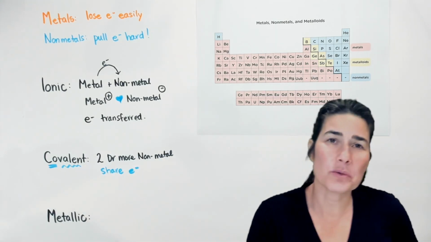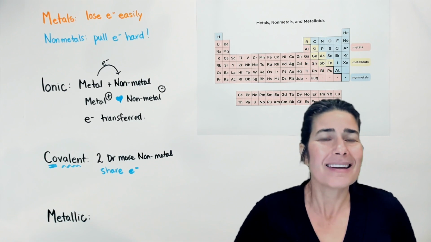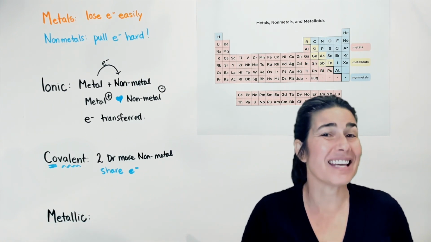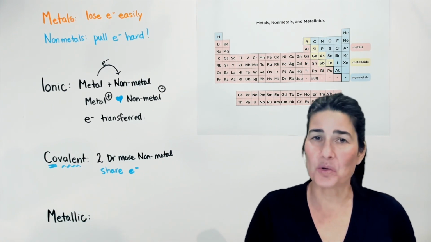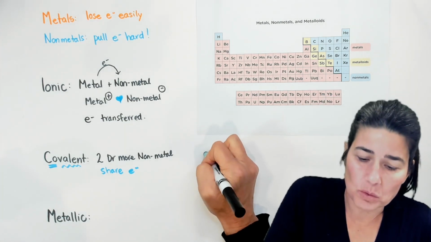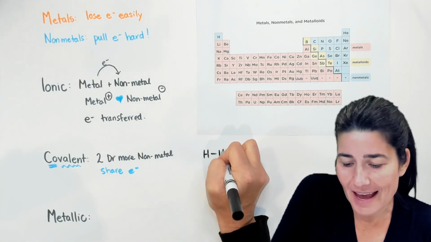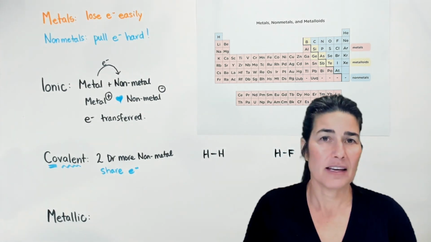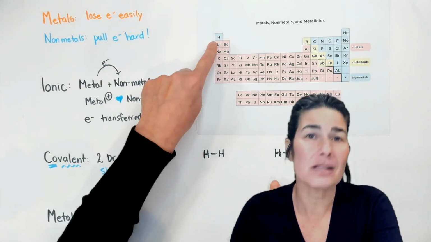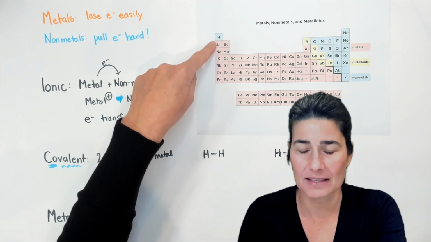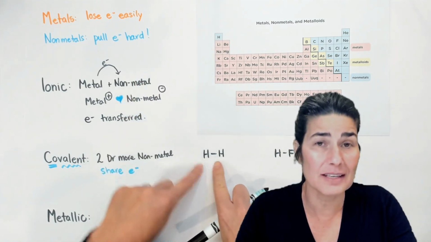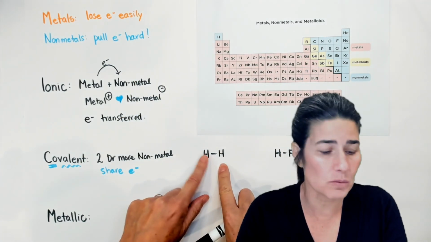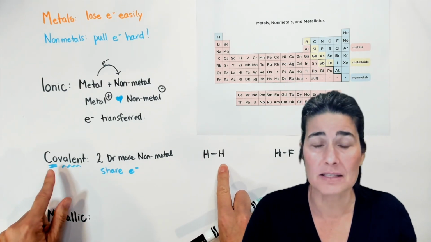Now, when we do this between two or more nonmetals, not all sharing is equal. So let me give you two examples. Let's say you are bonding H with H versus H with F. H is a nonmetal, even though it's over on the left-hand side. The other H is a nonmetal. Two nonmetals, well, we're going to have to share those valence electrons.